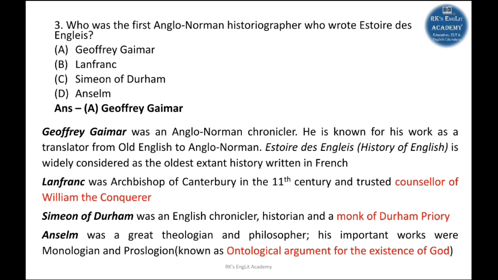Simeon of Durham was an English chronicler, historian and a monk of Durham Priory. Anselm was a great theologian and philosopher. His important works were Monologion and Proslogion. Proslogion is sometimes known for the ontological argument for the existence of God.